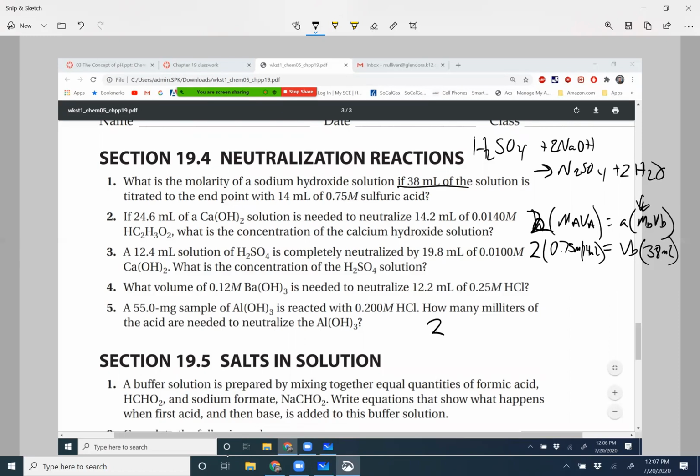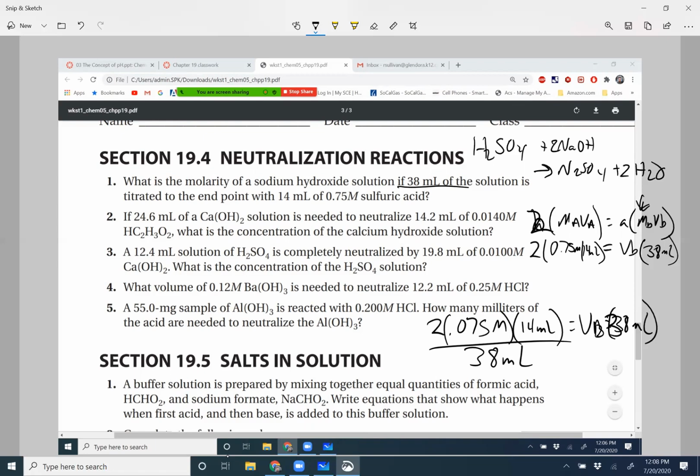But you guys are good at math, so you know what you're doing here. So you can just move the 38 over here if you want. It's up to you how you do it. And see, that's where that 2 comes in.